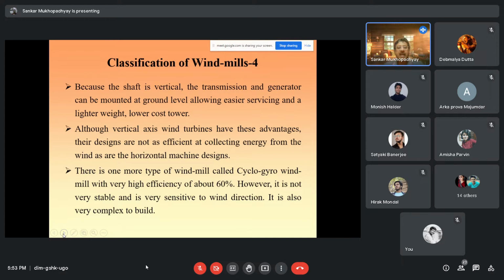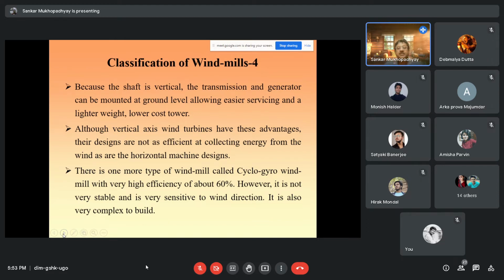What are the advantages? Because these are short in nature, these are easy to handle and accessible, because everything is at low height, but you cannot get much power from those.